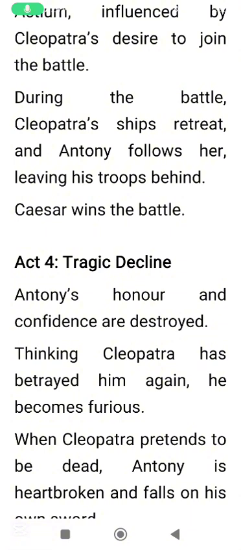So Caesar wins the battle, which means he's going to be the new emperor of what now? Of Rome. So there we now have Act 4. Act 4 is where we now have what we call tragic decline. Remember, I mentioned something like tragic flaw the other time, when the weakness of a leading character causes his downfall. So Antony's honor and confidence are destroyed already.